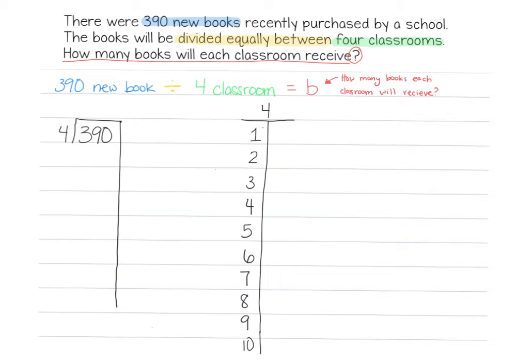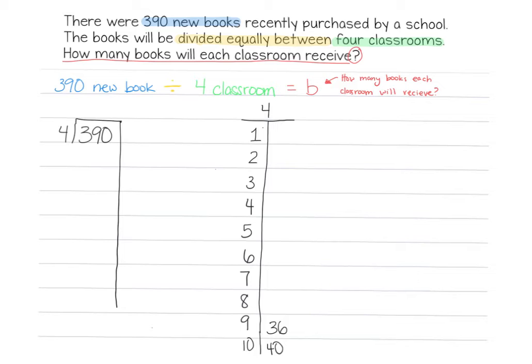So you're probably wondering, 39 is not on our list. We have 36 and we have 40, but 39 is not there. So we choose the closest number to 39 that is not larger than it. So 40 is larger than 39, so we have to choose 36.